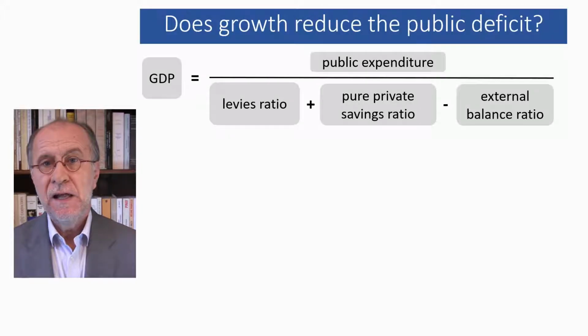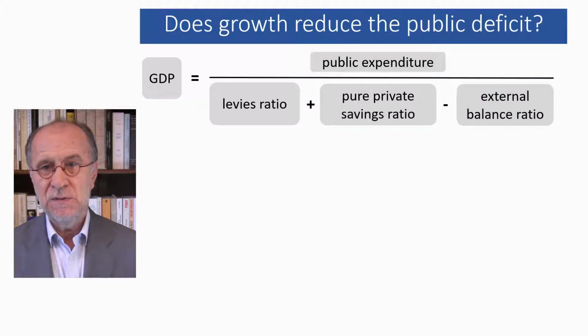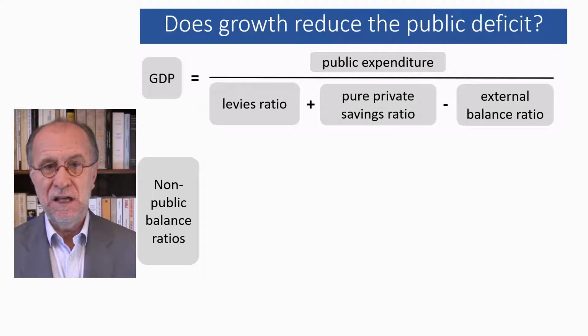Using this relationship, we can look at the link between growth and the variation in the public balance ratio. It all depends on the source of that growth, which can be one of four sources. The first two sources are the non-public balance ratios. One of the non-public balance ratios is the external balance ratio.